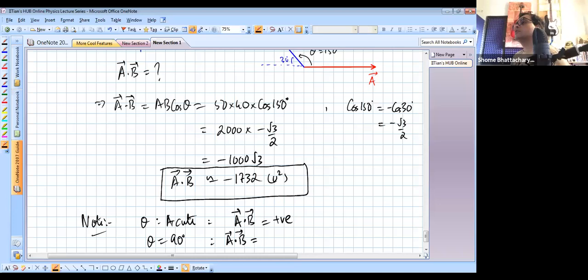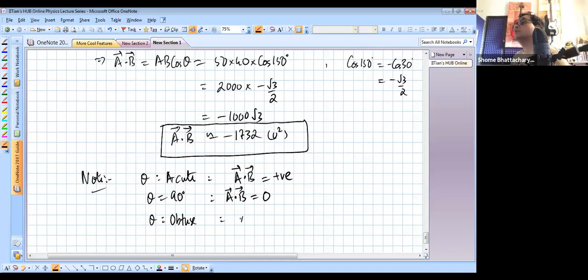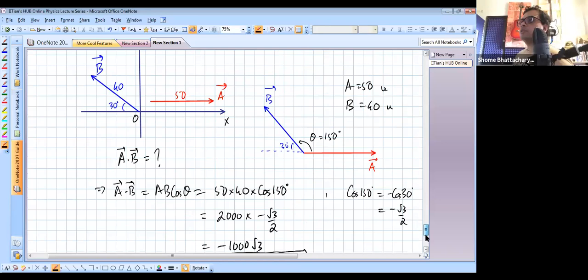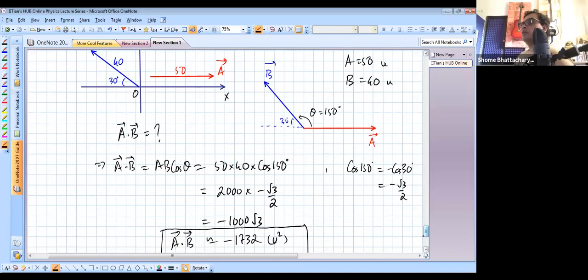And if theta is obtuse, then A dot B is in fact a negative quantity. So I'll just first take you through the working of the previous question. We'll come back to that property.